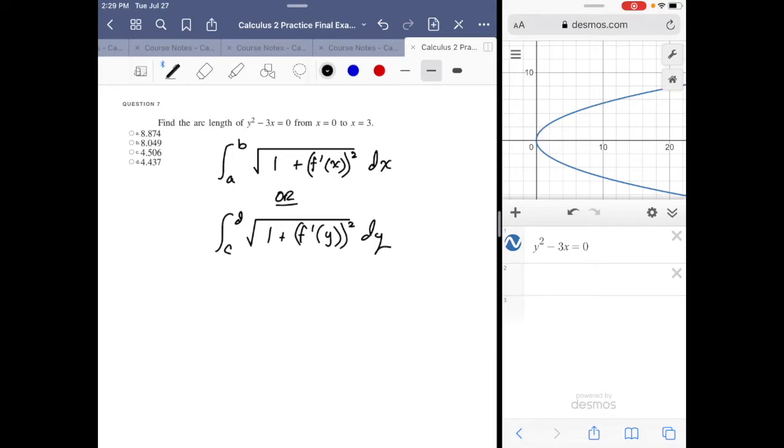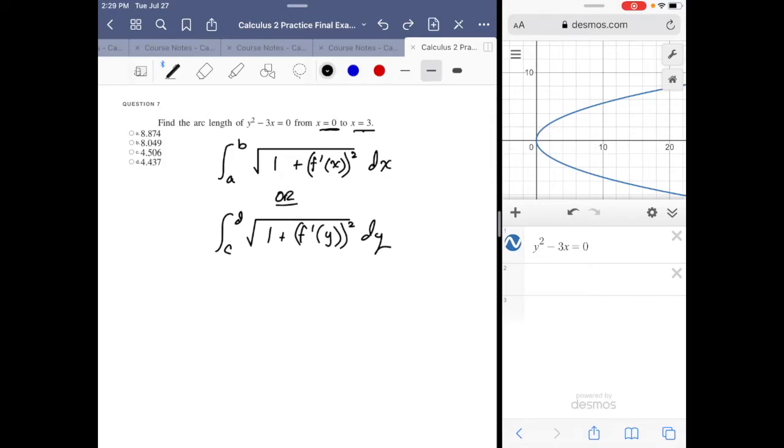Since the x values are given as the beginning and the end, it kind of behooves us to focus on this one.